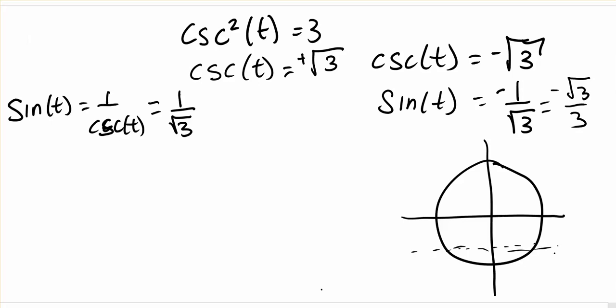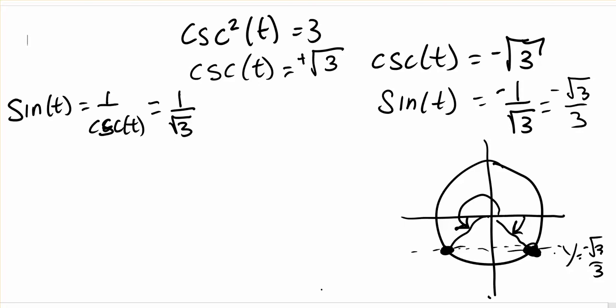So this line right here will be y is equal to a negative square root of 3 over 3. And we get, with the inverse sine, the principal solution will give us this negative angle right here. And the symmetric solution will give us this angle, pi minus our principal, and it'll be this one.